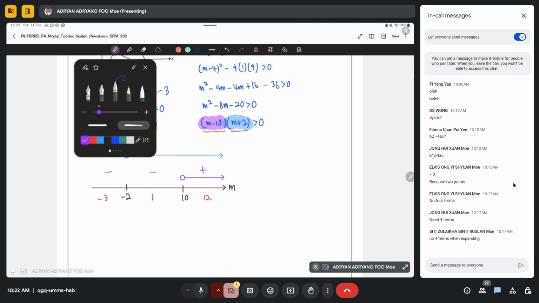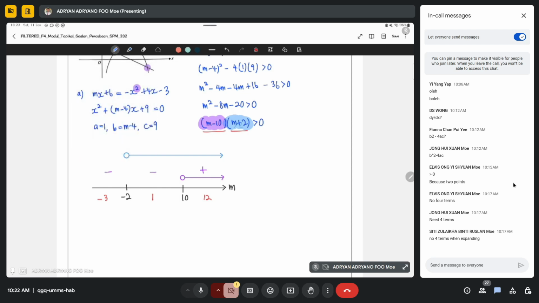Now, use blue color. 我放这些红色数字进去那个蓝色 m 加 2，negative 3 加 2 多少？negative, right? So negative. 这里 1 加 2 多少？positive. So here positive. 12 加 2 多少？positive. 因为它 14 嘛，so positive.